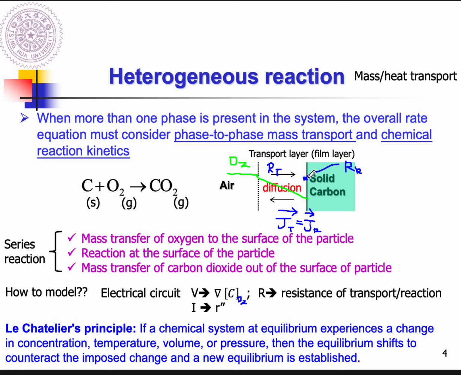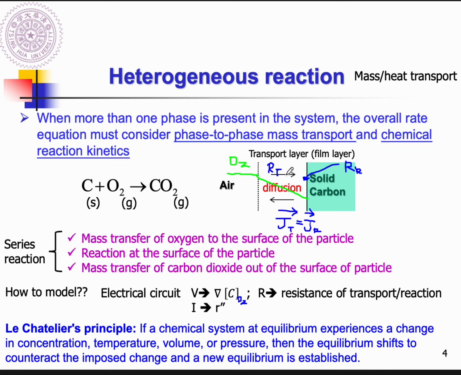This all happens on the surface. So with the same idea, the driving force is the concentration gradient of the oxygen, which drives the oxygen flux passing through the film layer and reaction. And for each process, the transport and reaction part, we have the corresponding resistance.